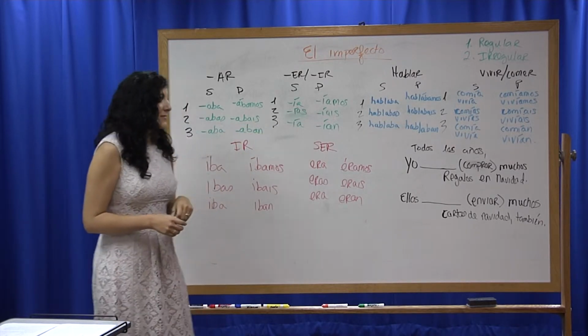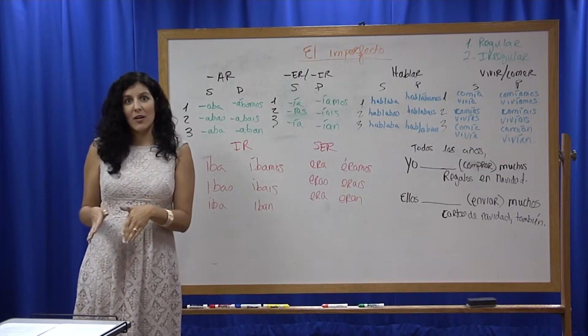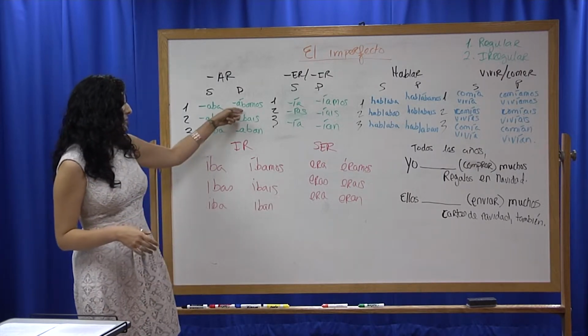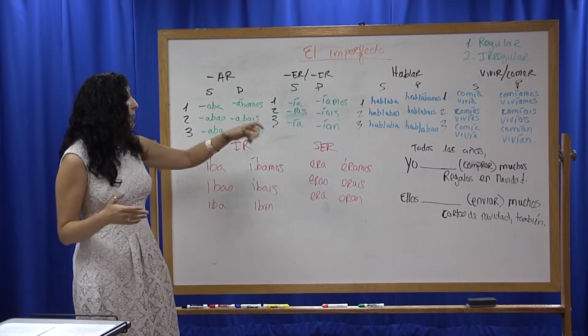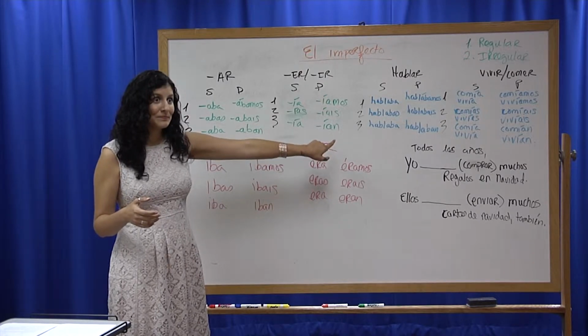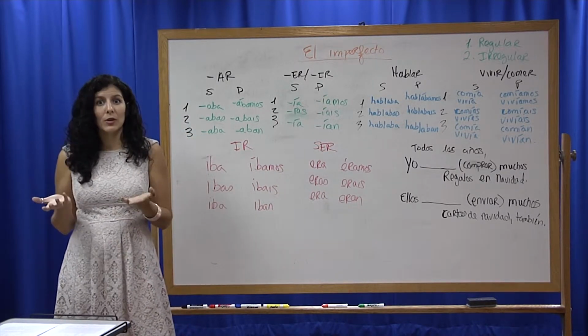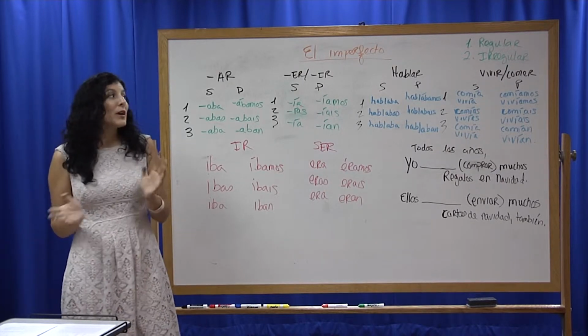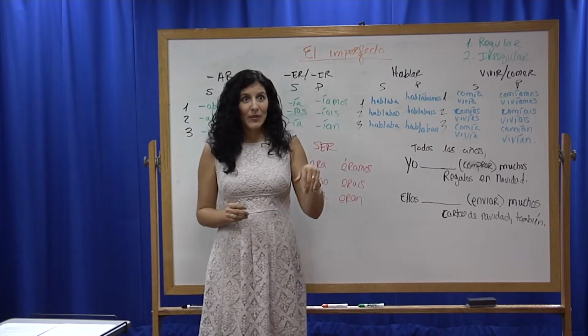You may notice the difference in the accents between the AR and the ER and IR. Notice that there's only an accent mark on the nosotros in the AR form, but there are accent marks on all of the ER and IR endings. So what would this look like if we actually conjugated a verb using the imperfect? I've created 2 examples for us to look at together.